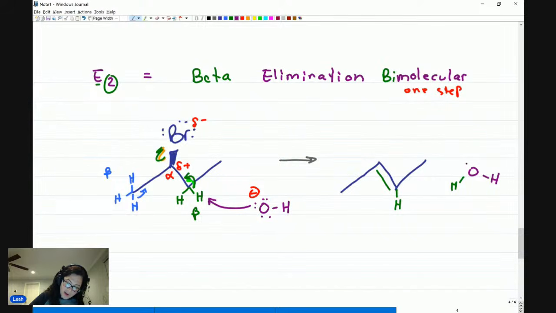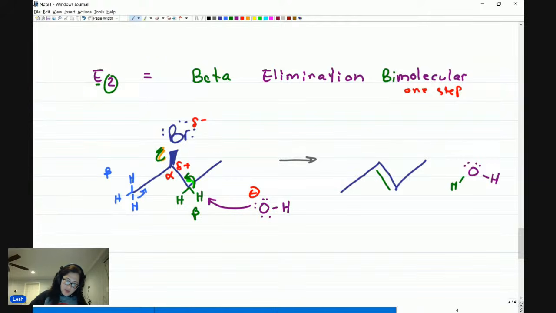Now only 2 lone pairs, no charge, and it's gone, never to be heard from again. And this is my final product. We don't show hydrogen, so I'm just going to leave it clean like that. This is one of the products of elimination, where we get the pi bond forming.